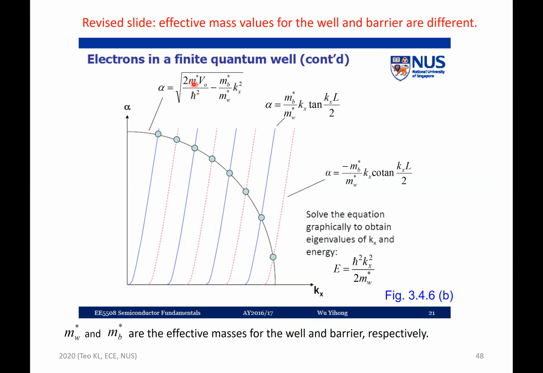So the m will have to be distinguished between the barrier and the well. So mB is the effective mass of the barrier, and mW here is the effective mass of the well. When you solve the equation graphically, eventually you have to obtain the electron energy in terms of the effective mass of the well, and the kx itself you have to find from the intercept of these two curves.